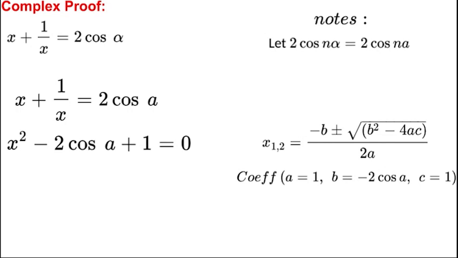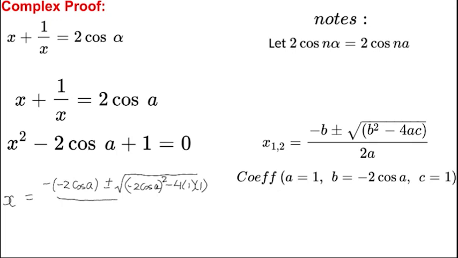Now let's substitute them in and work it out. So we'll get x is equal to minus negative 2 cos a plus or minus the square root of negative 2 cos a, all squared, minus 4 by 1 by 1, and over 2 by 1.